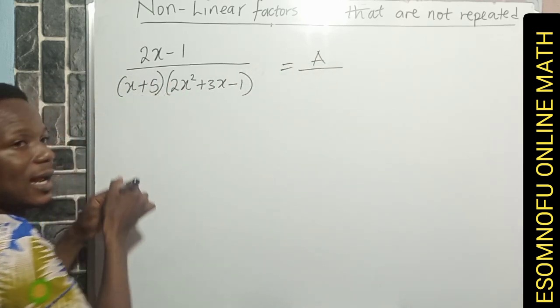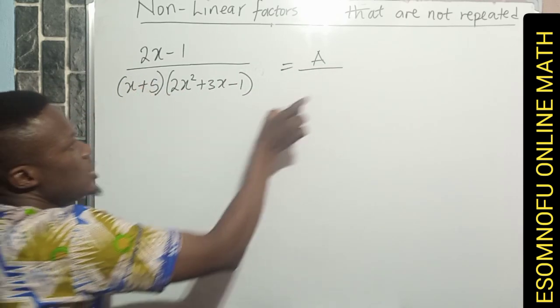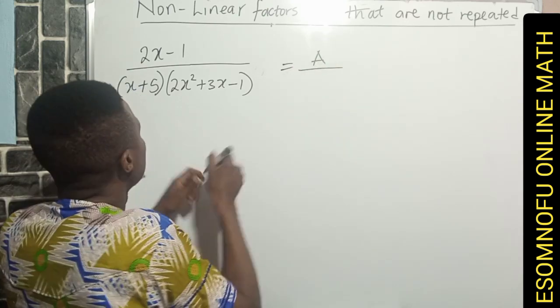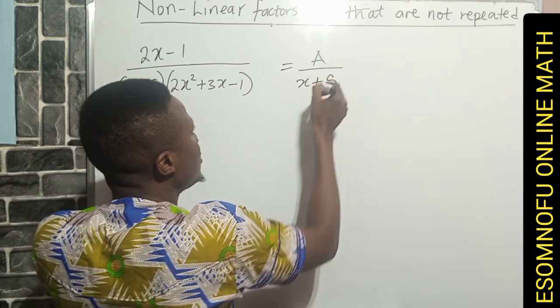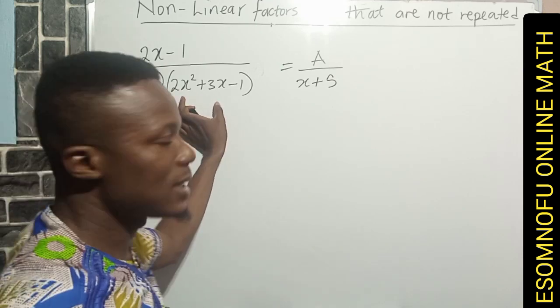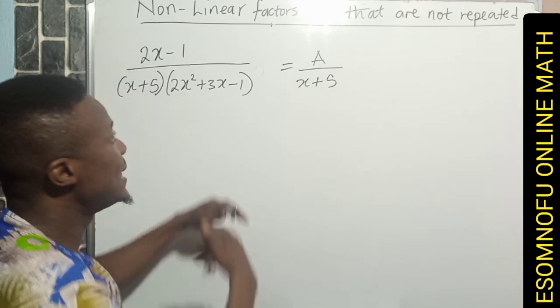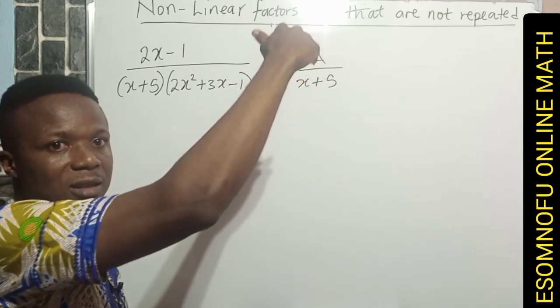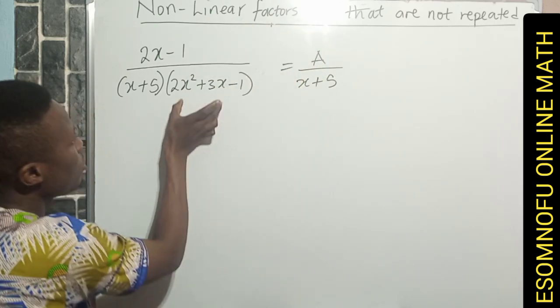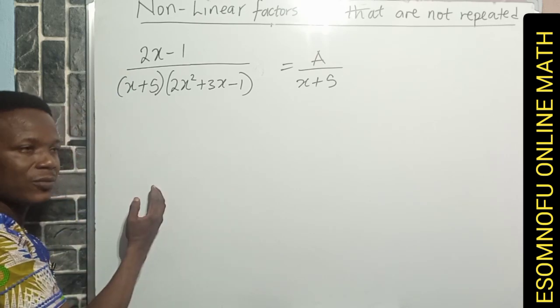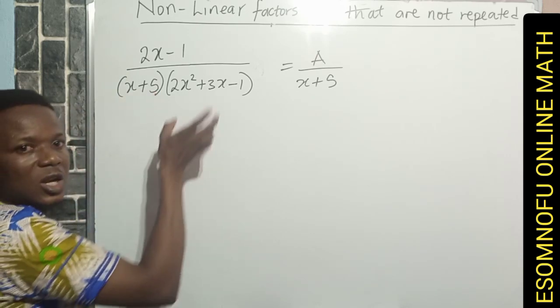When you have a linear factor, this should be a constant A. So you repeat x plus 5, but this is a quadratic factor down here. Therefore, I have to use a linear factor in the numerator. When you have quadratic, you are using linear. If you have linear, you are using constant.